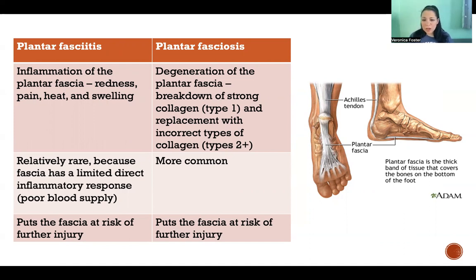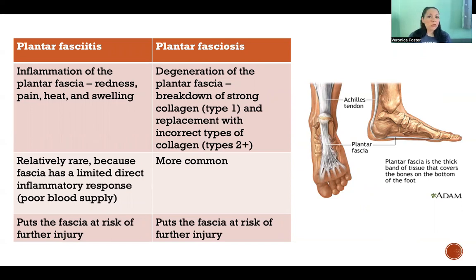The plantar fascia on the bottom of the foot actually doesn't tend to become inflamed because it doesn't have an adequate blood supply to cause much inflammation. It can become inflamed under certain circumstances, but that's far less common because the plantar fascia does not have a very extensive blood supply.